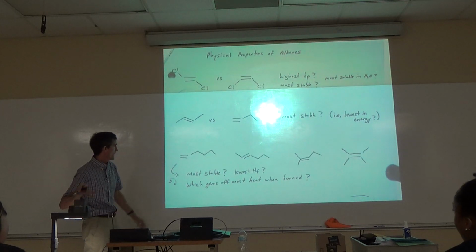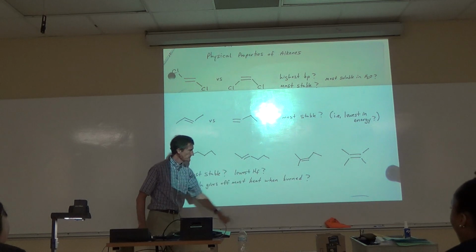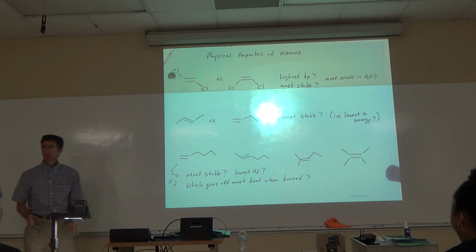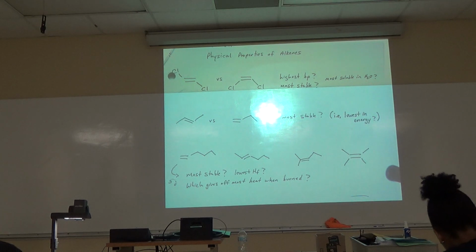What else? Which has the lowest heat of formation? What's a heat of formation? We saw that with cycloalkanes, right? That's the energy that's given off or consumed whenever the compound is made from the elements. In this case, carbon and hydrogen.